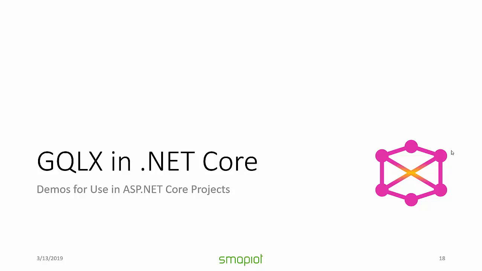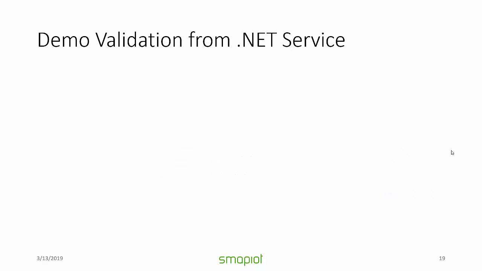So how do we use it with ASP.NET Core projects? Well, in multiple ways. For us, the most important one was the use of GQLX for validation. Yes, that sounds trivial. Let's see what this is all about in a sample .NET service.